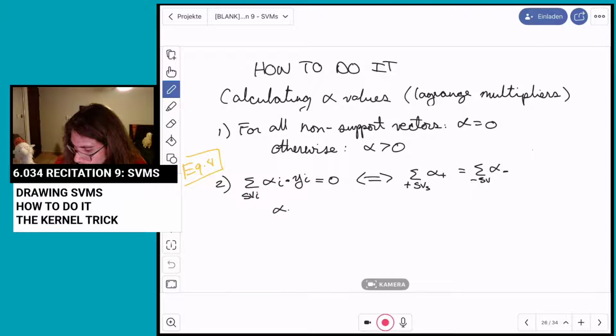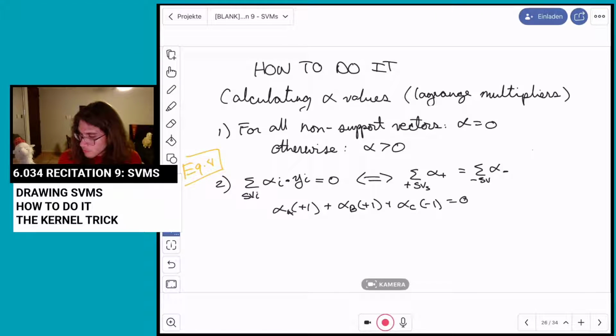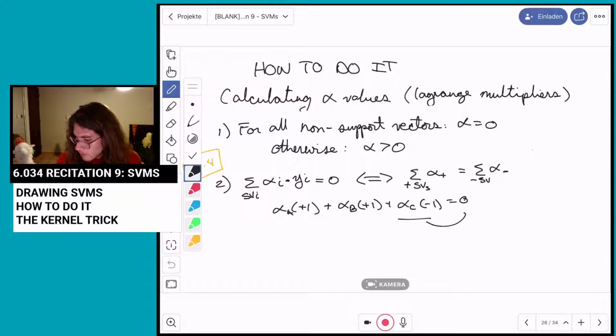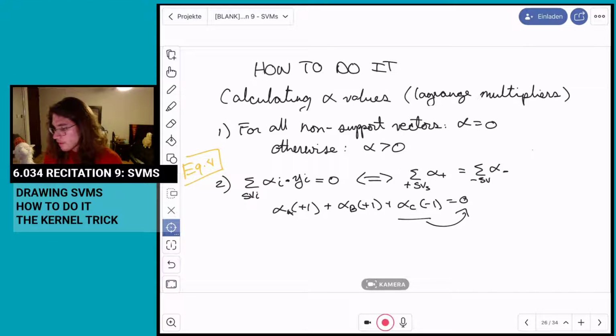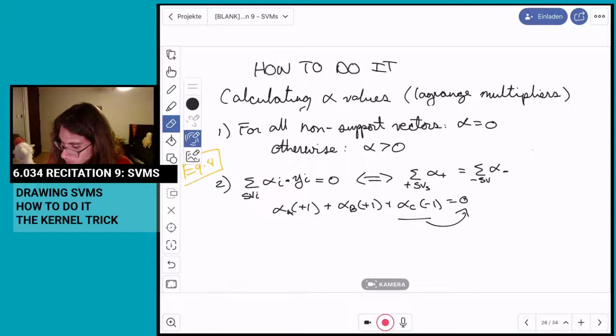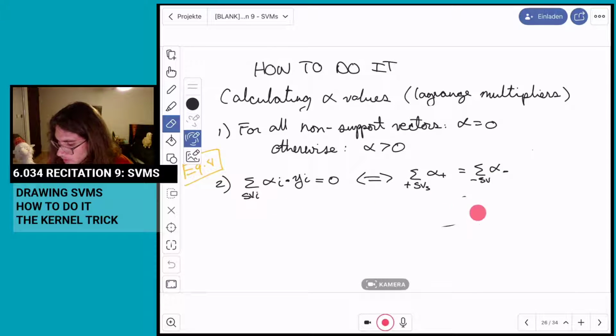So I had alpha A times plus 1, plus alpha B times plus 1 again, and then alpha C times negative 1, and this is equal to 0 according to the equation. So I could have just moved this term over here, and then I get the above equation. The sum of the positive alphas is equal to the sum of the negative alpha values. Let me erase this so I can continue with the third equation.